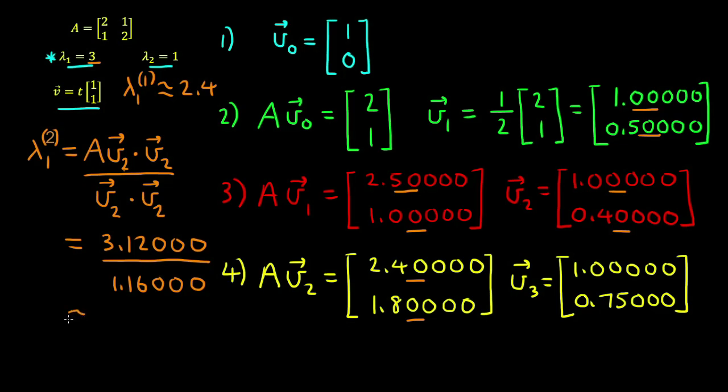So our next approximation to the dominant eigenvalue is 2.68966. So we can see the approximation is getting better. And as an exercise, I'll leave it for you to do more iterations until you get a good approximation to the dominant eigenvalue and eigenvector to 5 decimal places.